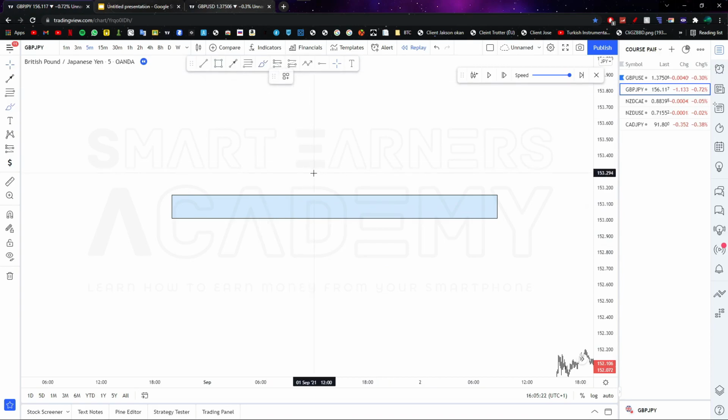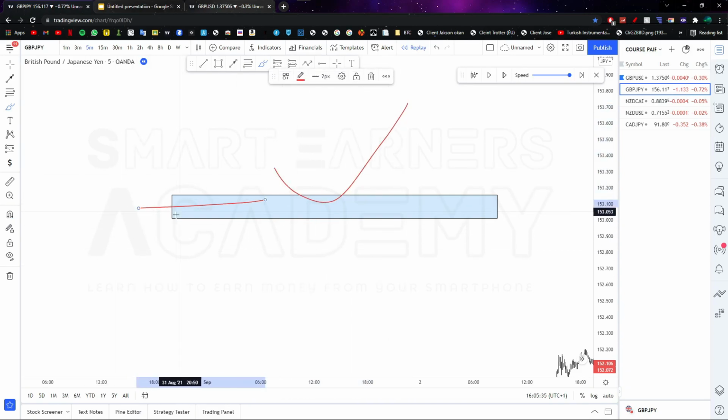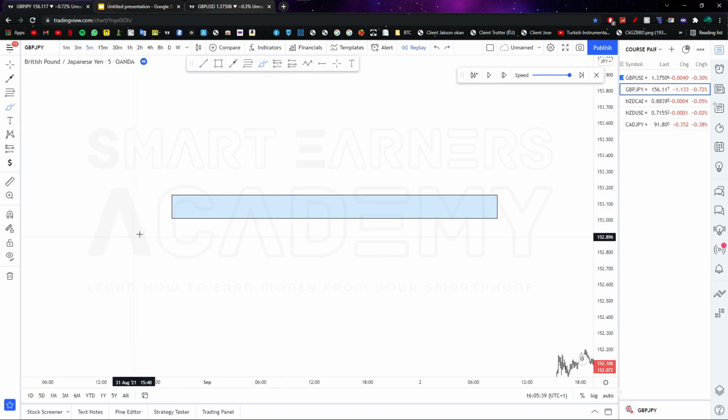If price just about comes here and just taps into the zone, I wouldn't be too concerned. But if price comes deeply into the zone, and it mitigates past the 50% line, so past half of the order block, or it comes in a quarter of the order block, or it even comes down here, that's definitely a mitigated order block.